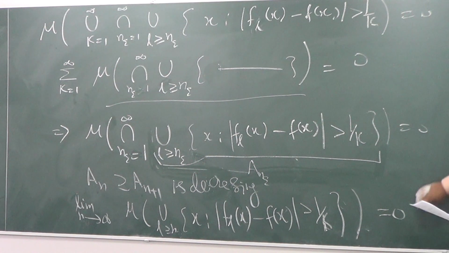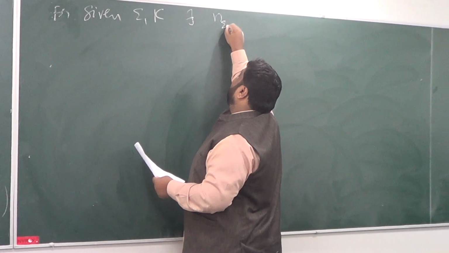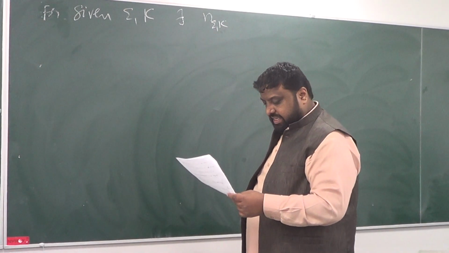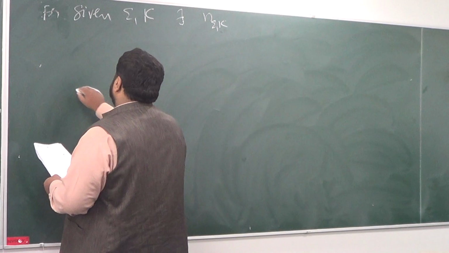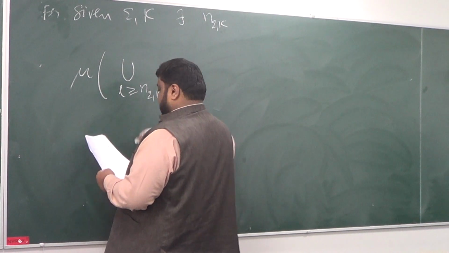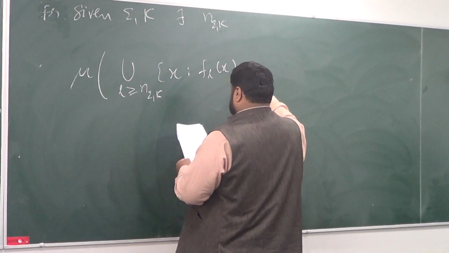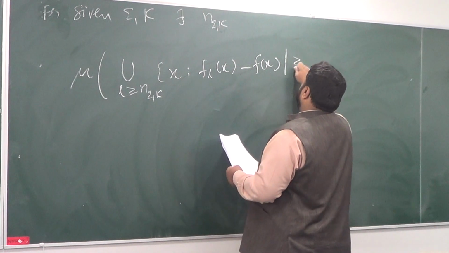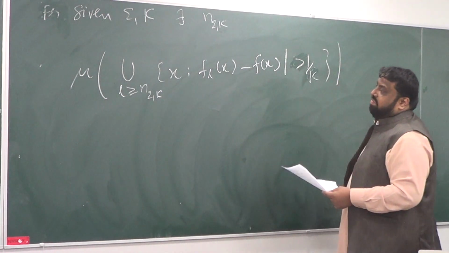So, if this is true for given epsilon and k, I can find an n epsilon k, depending on both, such that the measure of this union, when L goes beyond n epsilon k, of the set of x such that |f_L(x) minus f(x)| is bigger than 1 over k, I can control by my choice of epsilon.